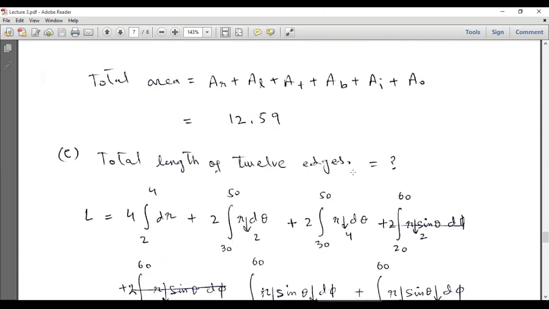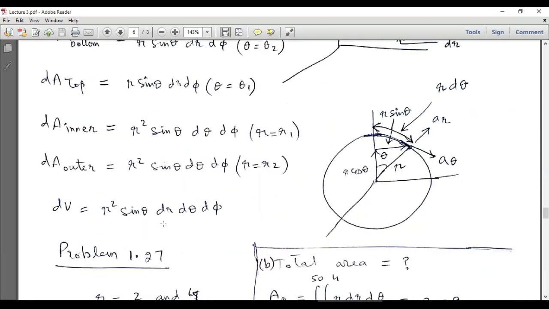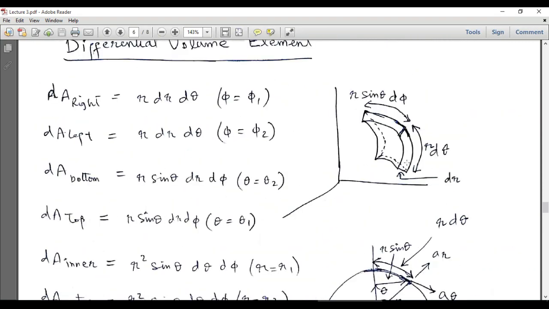Now the total length of the 12 edges can be calculated by using this expression. So along the r vector, there are four edges, right? This is the first edge, this is the second edge, this is the third edge, and this is the fourth edge. So these are the four edges along the r vector, and we are given four edges along the theta axis.